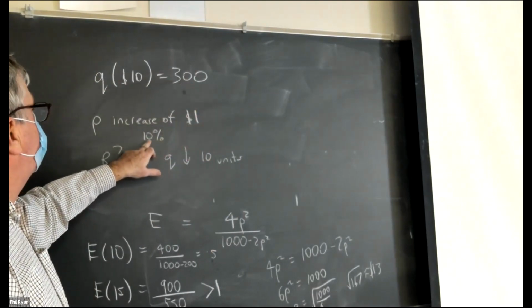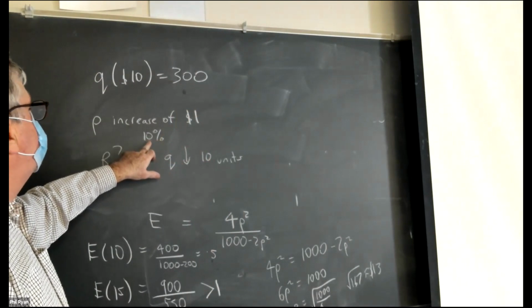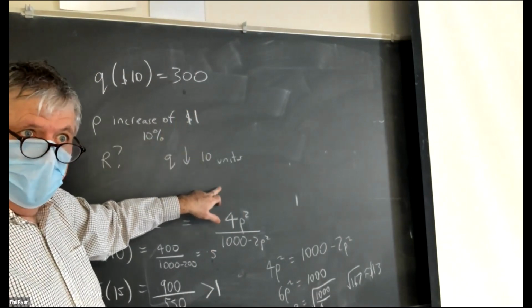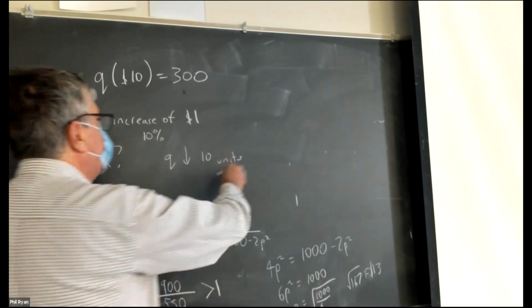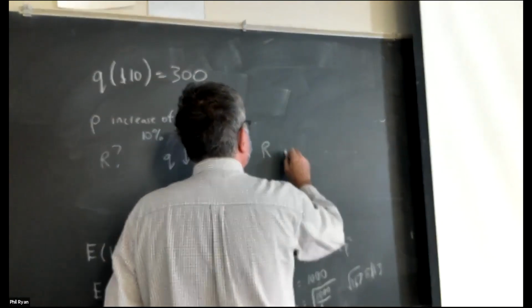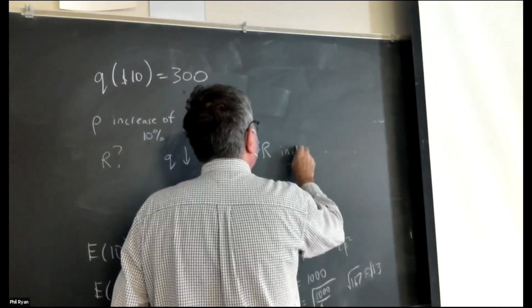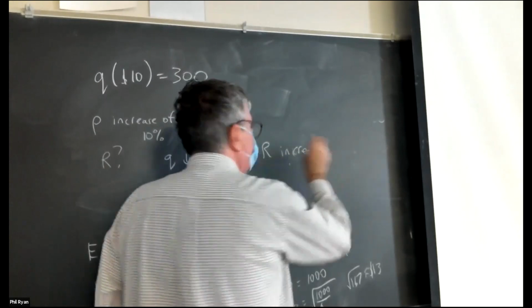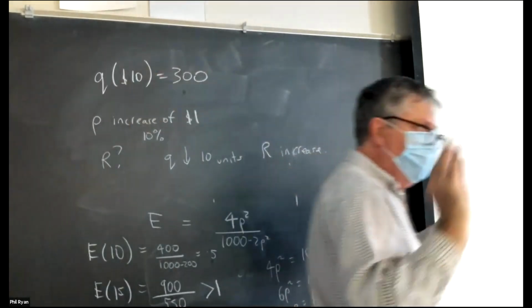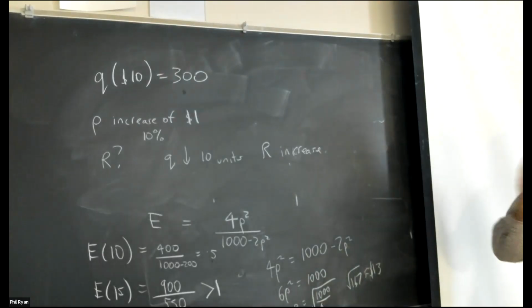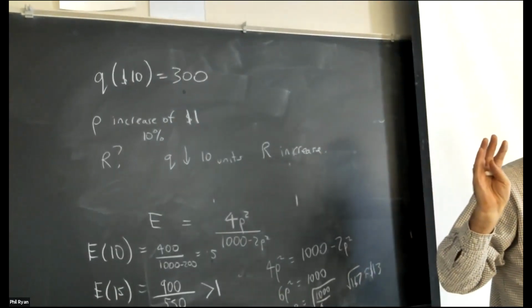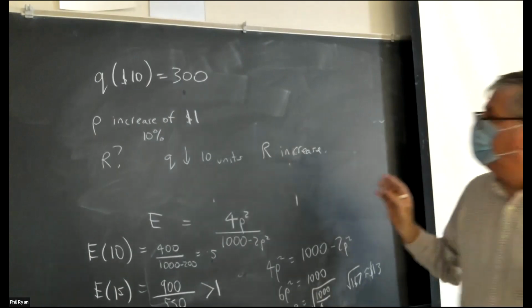So if the price increases 10% and the quantity demanded goes down 3%, we can say straight away revenue is going to increase, without having to do any numbers at all, just because we see that it's an inelastic good.